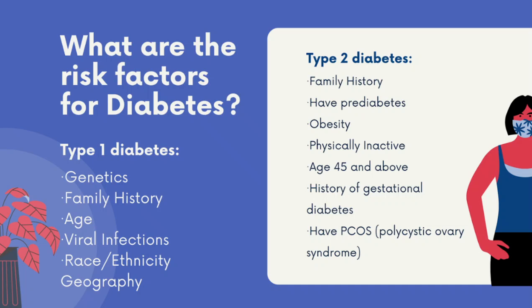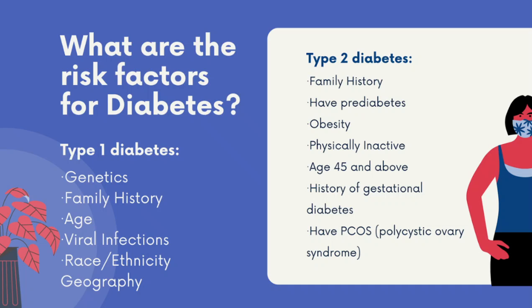Certain races are African American, Hispanic American, and American Indians. Lastly is geography. According to researchers again, people who live in northern climates are at higher risk of developing type 1 because they are usually staying indoors, especially in the winter season. They are in close proximity to each other, potentially leading to more viral infections.